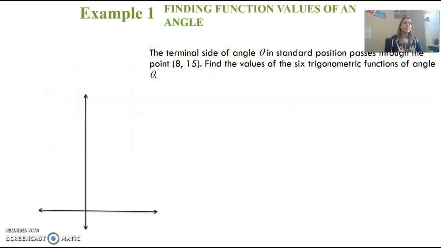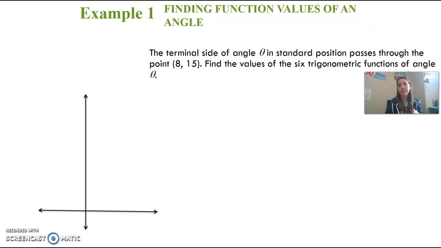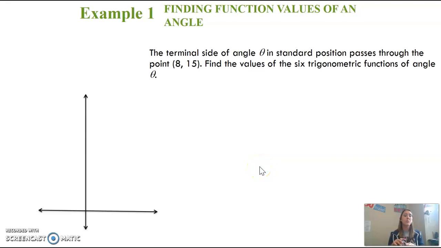All right. So we're going to try this for the first time. If we were to draw this, then we are going to say our point. So let's put our point at (8, 15). All right, that's (8, 15). And we need to draw our ray that goes through it. So now we have a ray that goes through the point (8, 15).